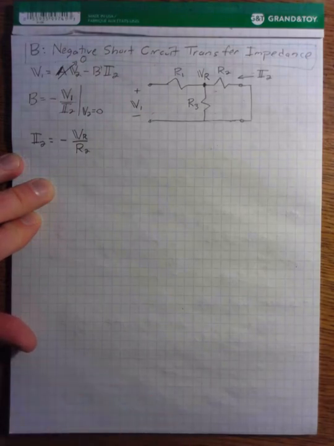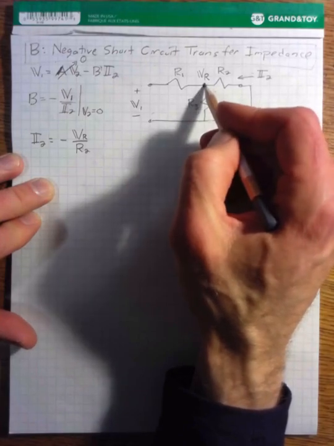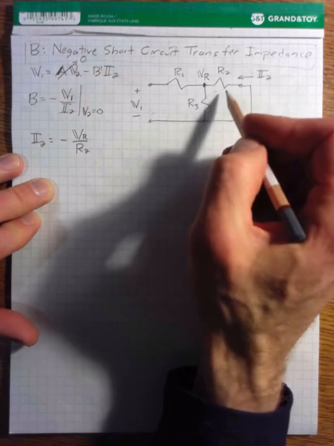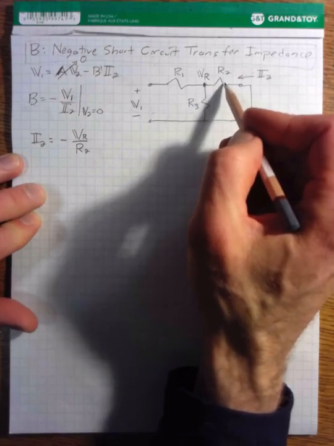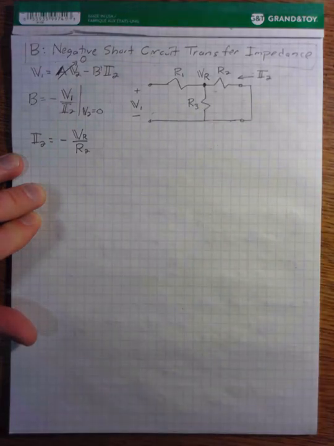And we can determine the voltage at VR using the voltage divider equation, but taking into account the fact that the second resistance is actually the parallel combination of R2 and R3.